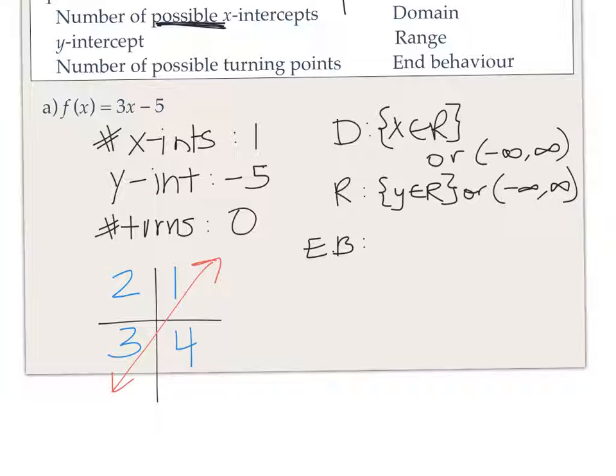Your end behavior is just saying what quadrant it starts in on the left and goes to on the right. On the left, it's always going to be in either quadrant 2 or 3. It can't start in quadrant 1. It has to start in quadrant 2 or 3, and it's moving towards quadrant 1 or 4. So here, where does it start? 3, and it goes to 1. So it goes from quadrant 3 to quadrant 1. And that's all you have to write.